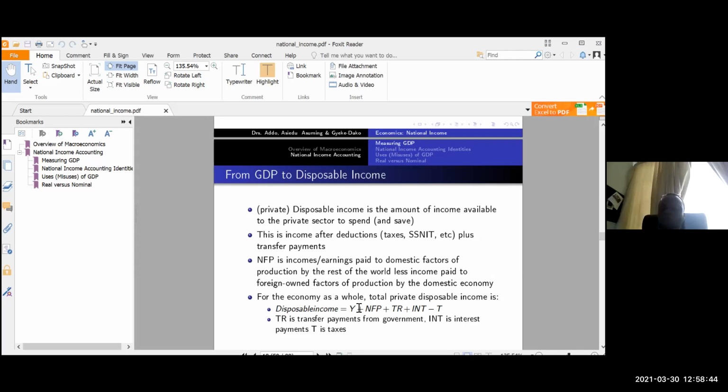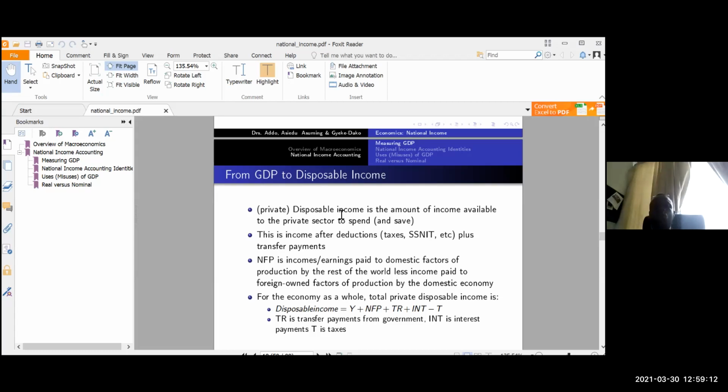All right. So the left-hand side here is the total income. So the income that you receive from the jobs people in the economy are involved in, the net factor payment at the country level, the total transfer payment in the economy, the interest payments that firms receive, minus the level of taxes in the economy will give you the private disposable income.